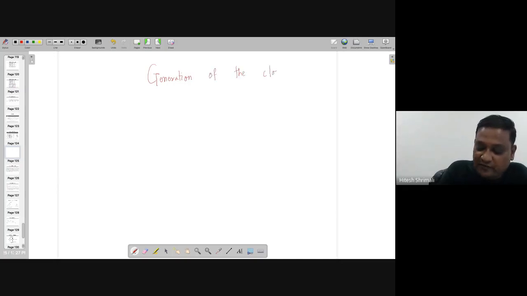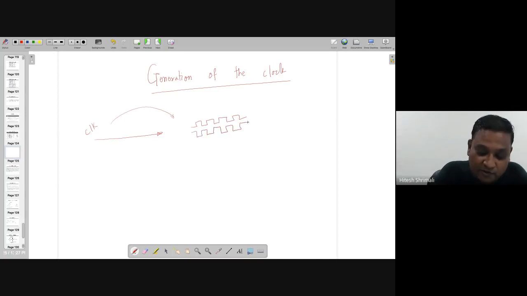So we require different clocks everywhere, but this clock was available, and then the clock was made into a non-overlapping clock like this. We did all these things, but how do we get the actual clock? In general, you need something called oscillators.